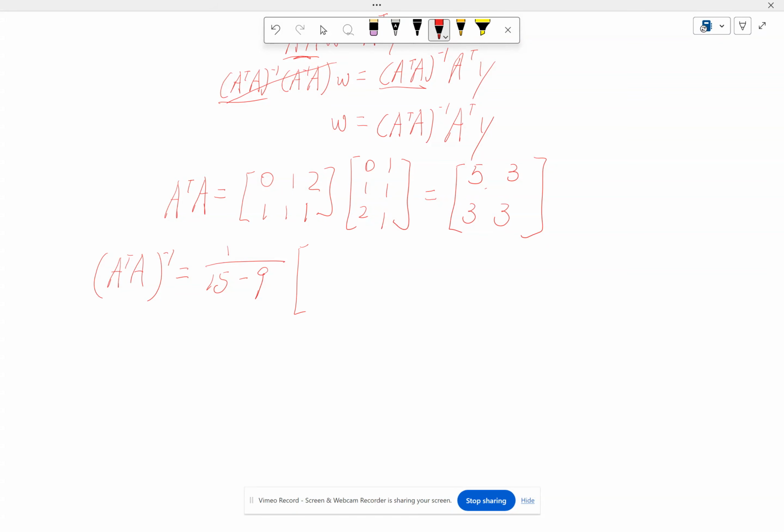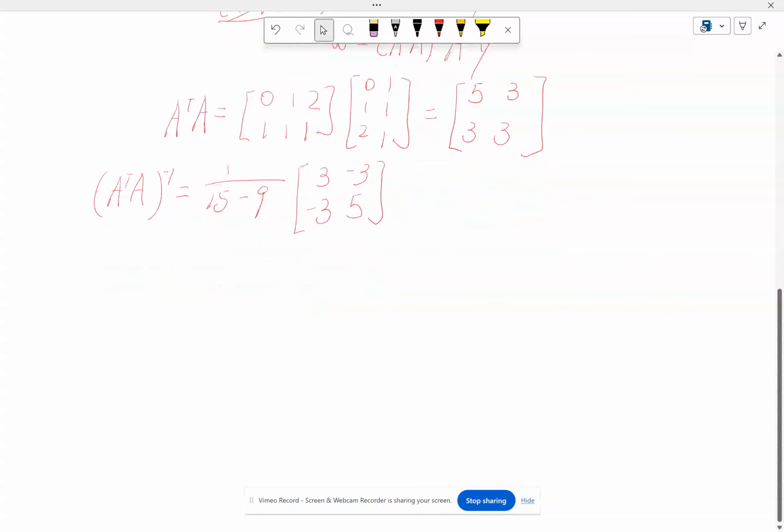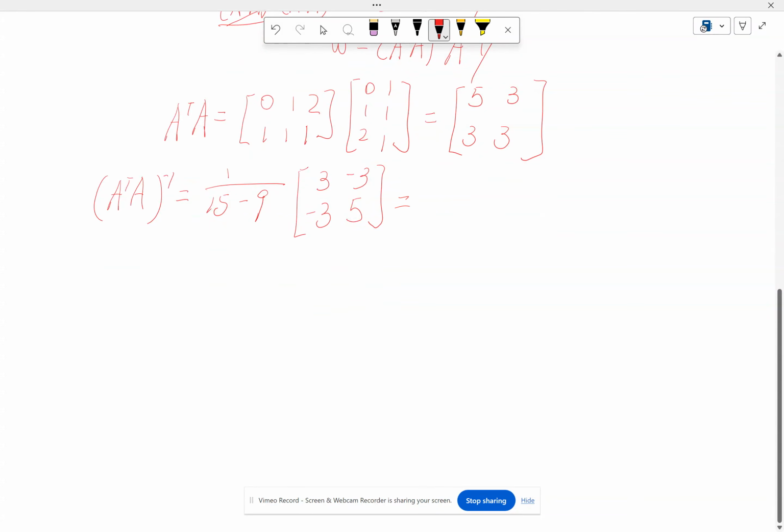And then you flip these two. Now it's 3, 5. And then minus 3, minus 3. So that should be the inverse. So this gives us 1 over 6 times 3, minus 3, minus 3, and 5.